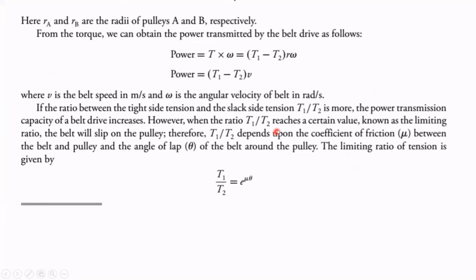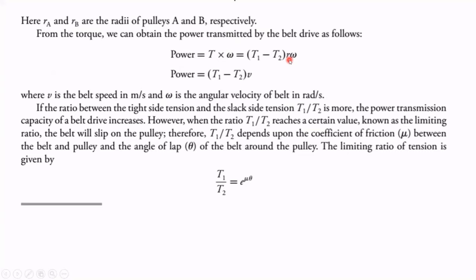And one more thing, power transmitted by the pulley depends on the torque. So power is nothing but torque into angular velocity. You know the torque is T1 minus T2 into R, means tension on tight side minus tension on slack side into radius of the pulley.